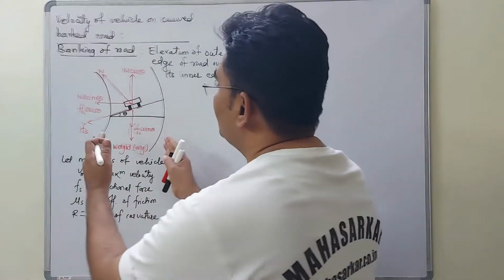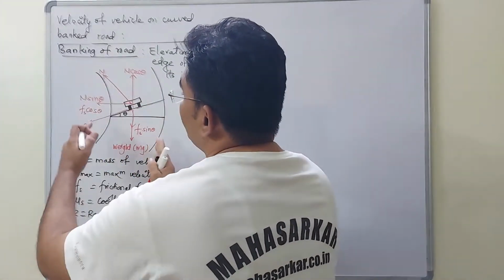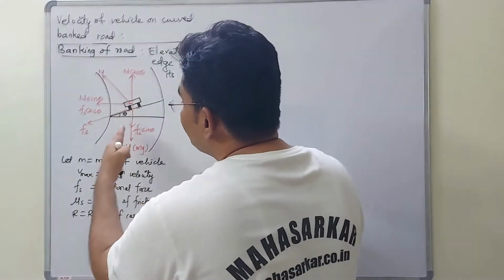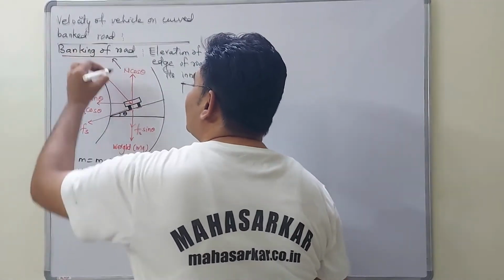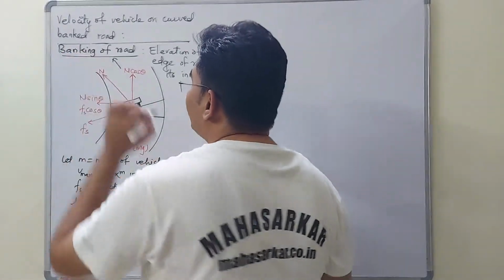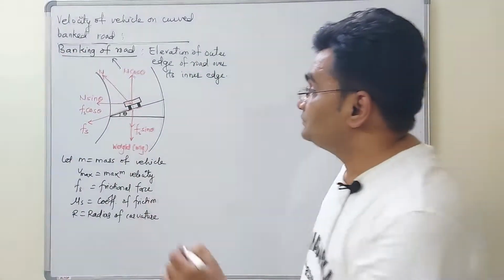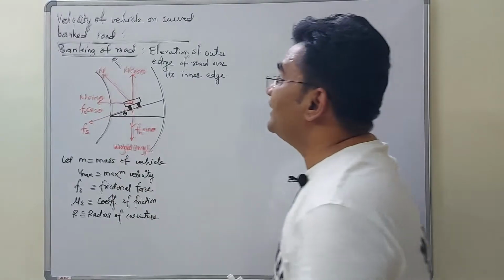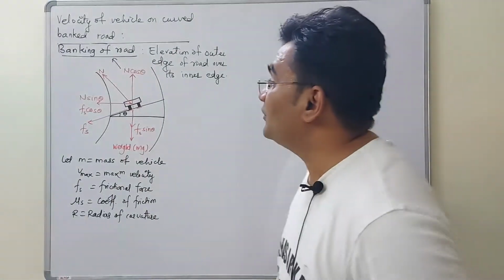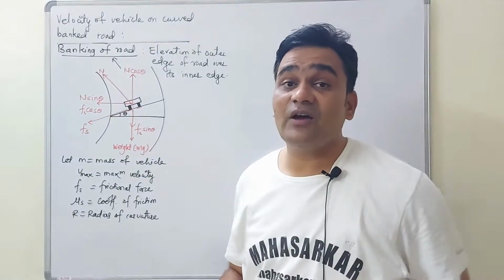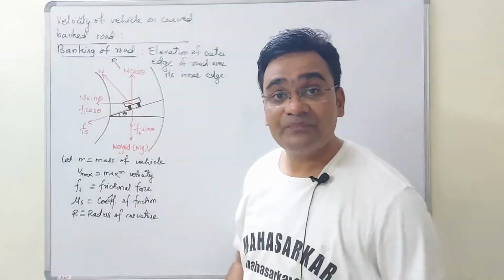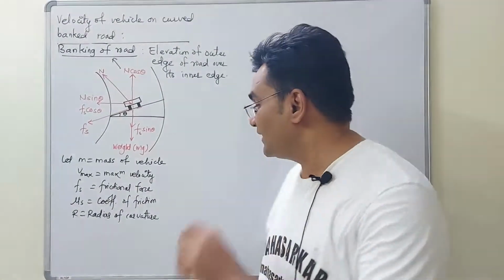Now see, I have shown that road is having a turn like this and vehicle is going towards that direction, vehicle started motion and going like this. Now what is happening with the vehicle? The forces acting on the vehicle are very important. We know that when we are standing on any surface, our weight is one of the important forces, and that force is balanced by the normal reaction.